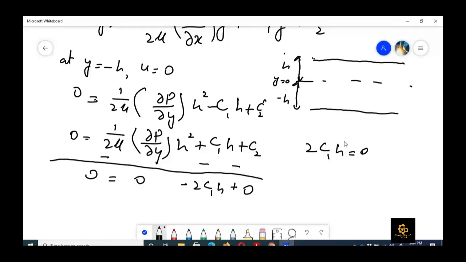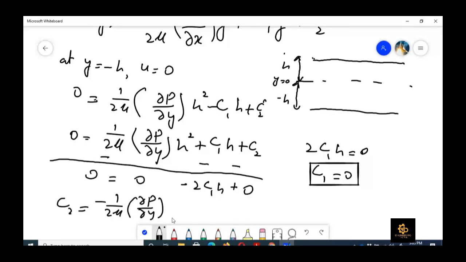Now h is a finite value, it cannot be 0, and 2 is not equal to 0. So C1 is equal to 0 because h is a finite length. Now, because C1 is equal to 0, we can easily calculate C2, which would be equal to minus 1/2μ ∂p/∂x h². So this is the value of C2.